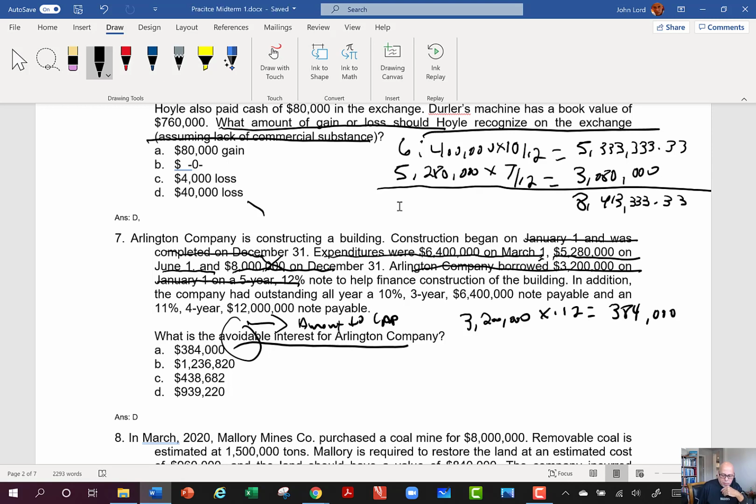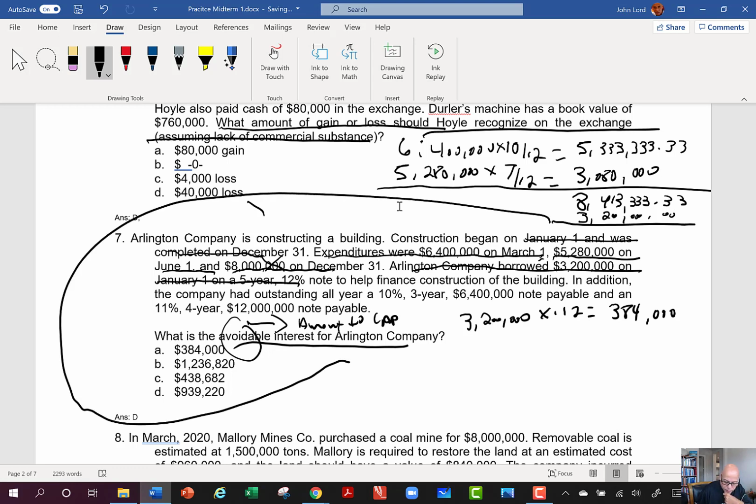What amount should I capitalize on this additional weighted average of accumulated expenditure? So I take the $3,200,000 and subtract that off of the $8,413,000, and when I do, I get this number. And guys, I'm going to just pull the number down here so it's easier to see.